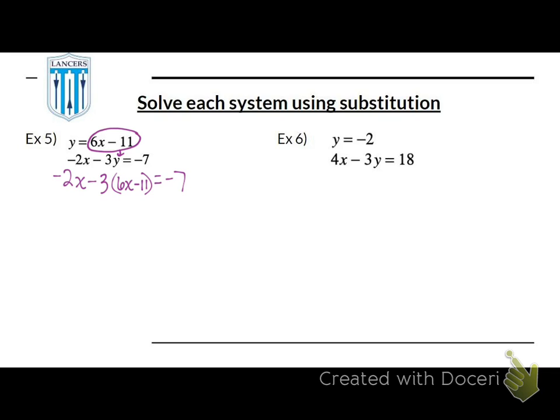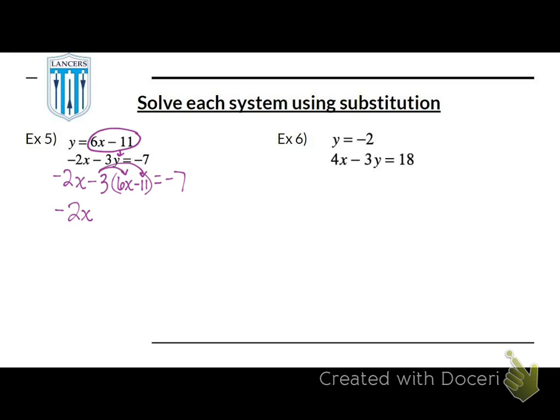Okay. We need to distribute. What you need to be careful about with distributing this is that we need to treat that 3 as a... What sign's right in front of it? A negative. Treat this like a negative 3 when you distribute it.